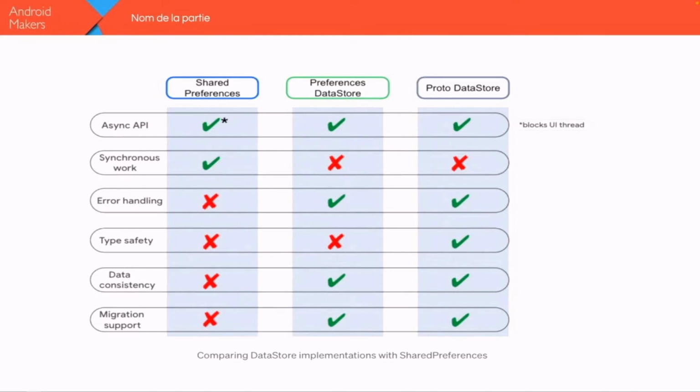Shared preferences does offer some asynchronous support, but there is a need to manually switch between threads and the UI thread is basically blocked for most of the operations, potentially leading to application not responding errors and UI janks. But DataStore comes with a fully asynchronous API and uses the power of Kotlin coroutines and flows. Hence, there is no blocking of the UI thread.